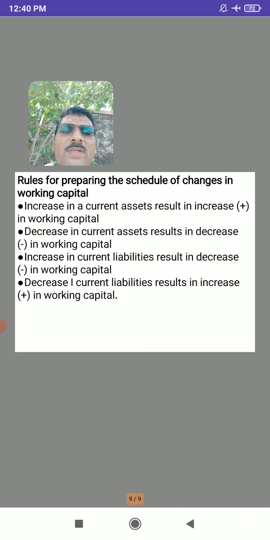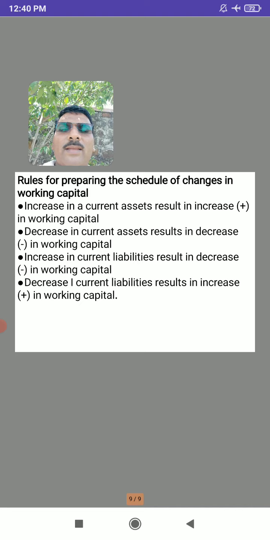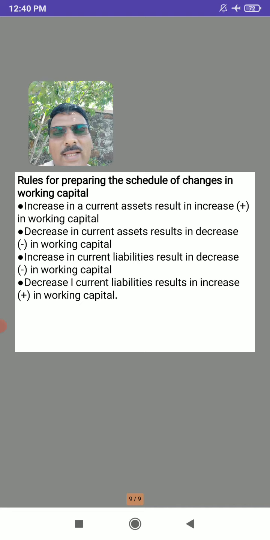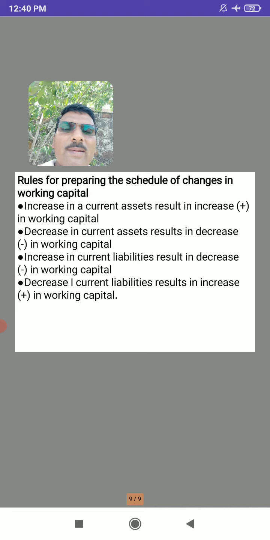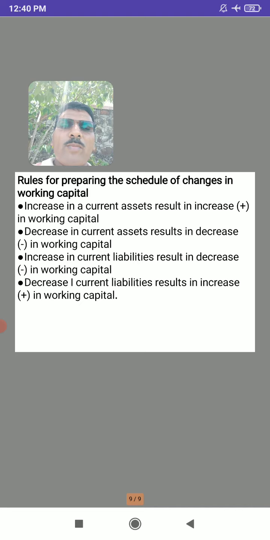A decrease in current assets, or sale of current assets, results in a decrease in working capital. The liability will be more and the assets will be less. An increase in current liability results in a decrease in working capital, and a decrease in current liability results in an increase in working capital. These are the four important rules we have to follow when preparing the schedule of changes in working capital.